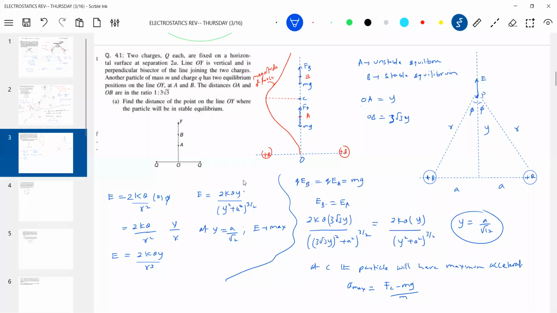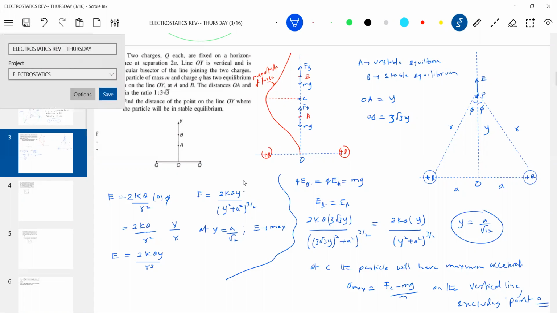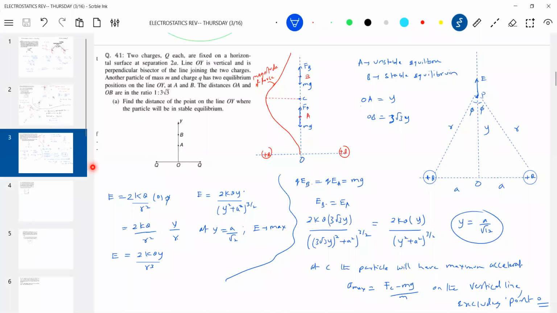I'm asking anywhere on the vertical line, not at O, anywhere in this region, excluding O. So just be alert, some sort of equilibrium conditions also will come like this. Okay, I'll go for the next one.